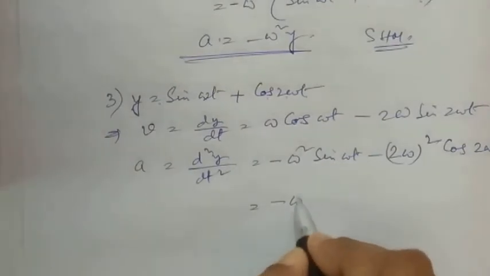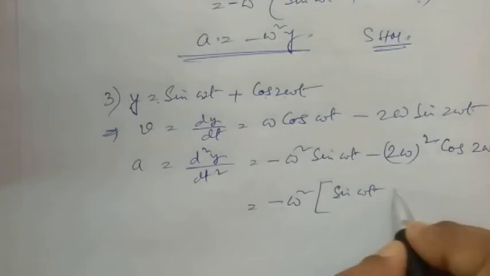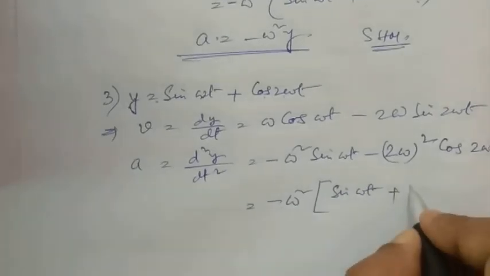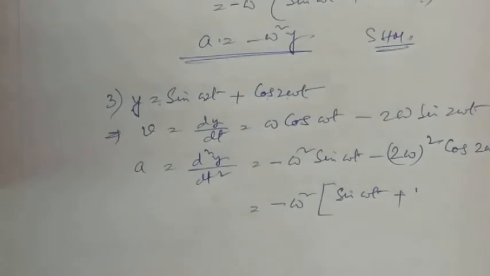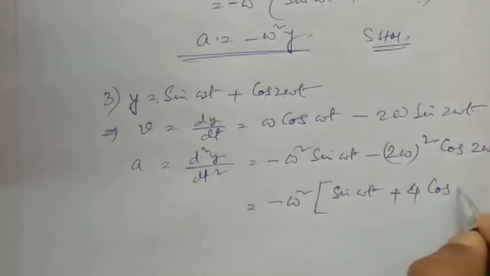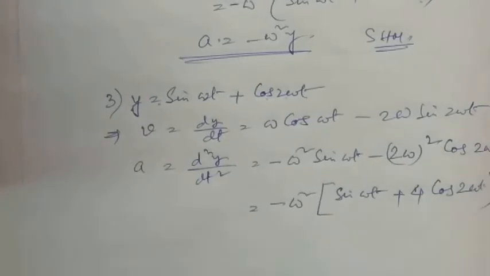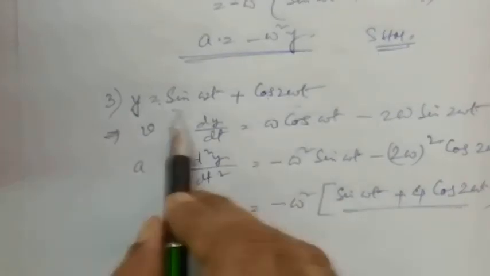Take minus omega square common from both, we can write sine omega t plus 4 cos 2 omega t.